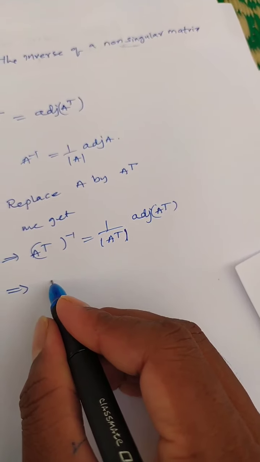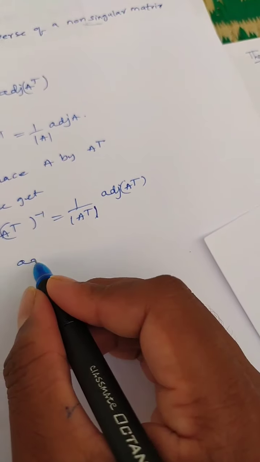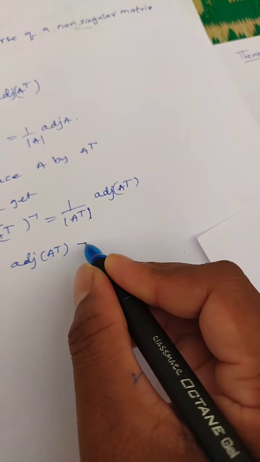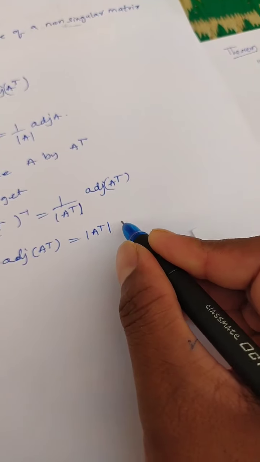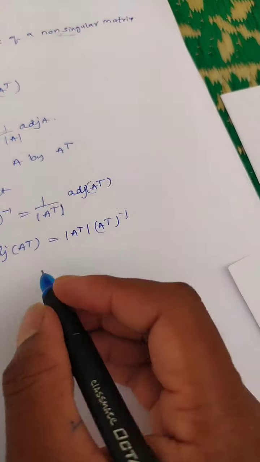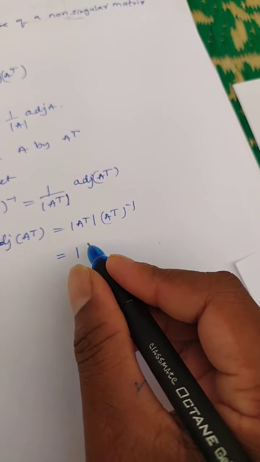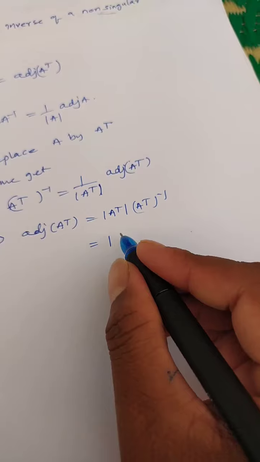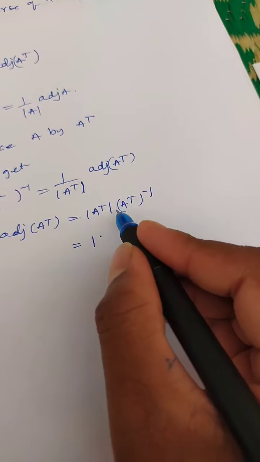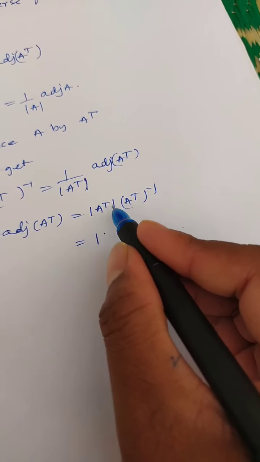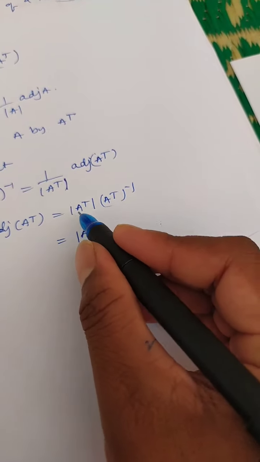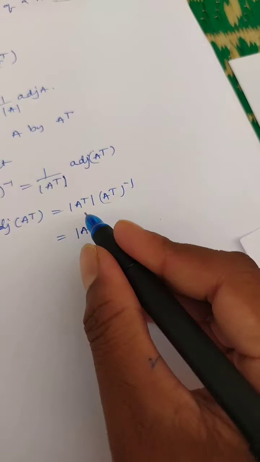Sending this to the left hand side, on the right hand side you will have adjoint of A transpose is equal to det A transpose into A transpose whole inverse. Now det A transpose: we know that the determinant of the transpose and the determinant of the matrix are equal, both will be the same.